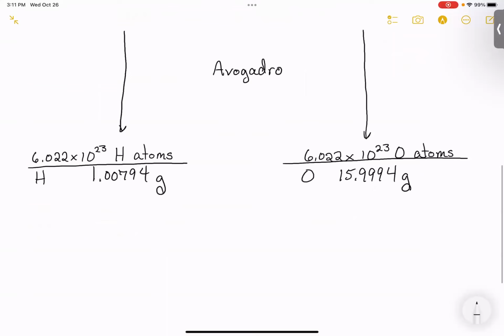This number, 6.022 times 10 to the 23rd of anything, is equal to 1 mole of that thing. And it is known as Avogadro's number.